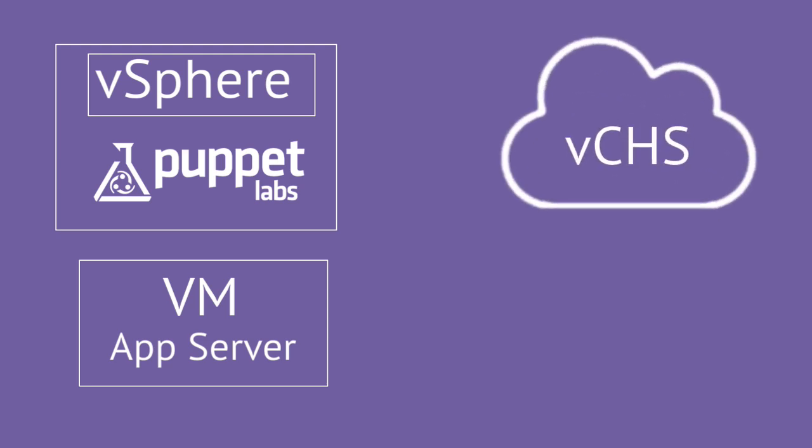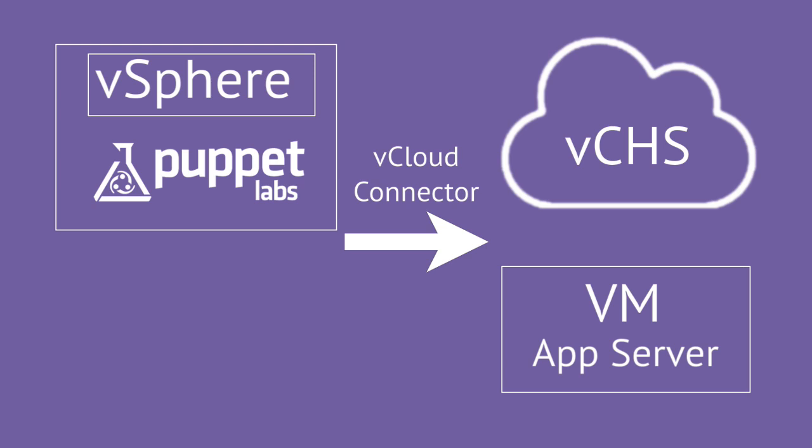Then we were able to take that fully provisioned application server and migrate it from our test environment on-premise out to the VMware cloud. We could do that with all sorts of different server types to stand up a full infrastructure in the cloud after testing it on-premise using vCloud Hybrid Service, vSphere, and of course, Puppet Enterprise.